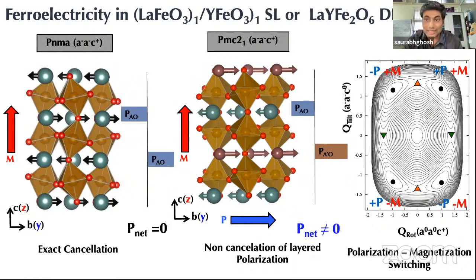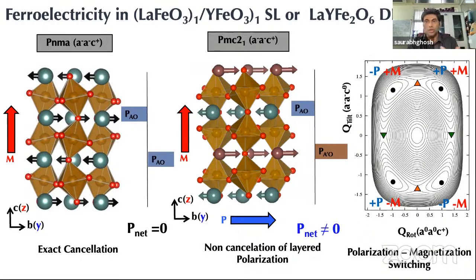But if you change the sense of the tilt, that is, you're going from a positive tilt to a negative tilt, then you can change both the direction of the polarization and magnetization, because the magnetization is related to the tilt distortion. So basically, that's why we're interested in cation ordering.